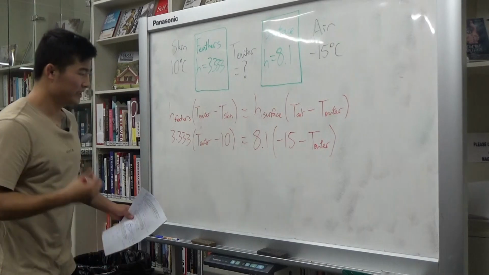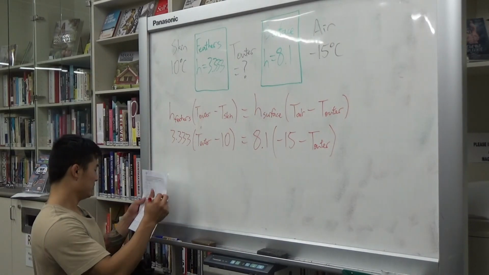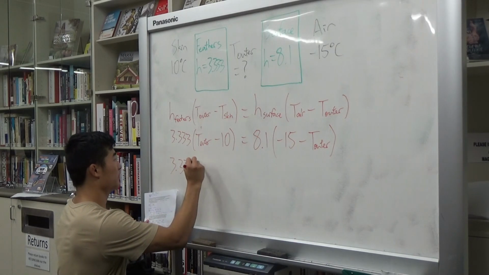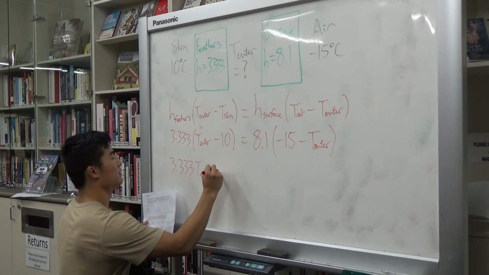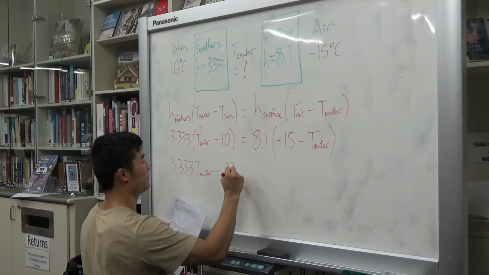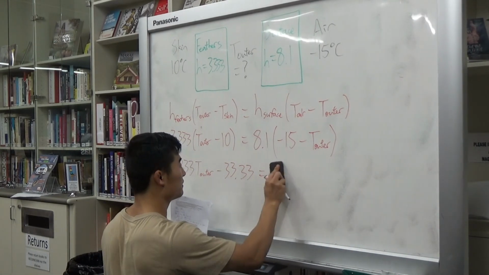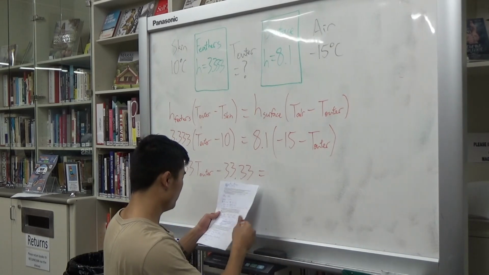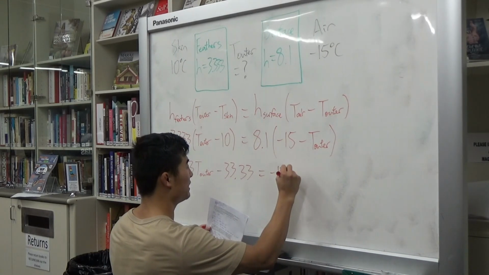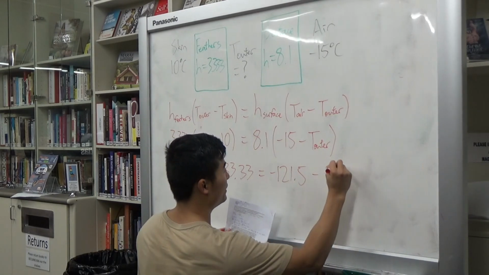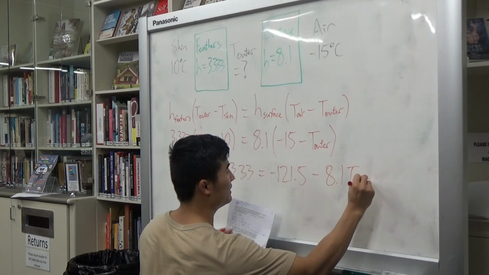Okay, so I'm just going to write down the numbers. 3.333 T outer minus 33.33 is equal to negative 121.5 minus 8.1 T outer.